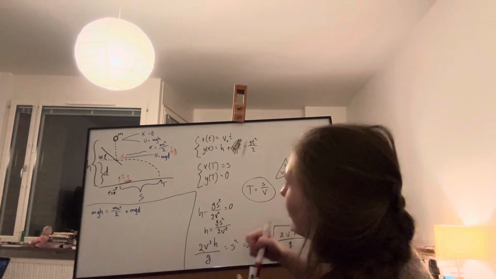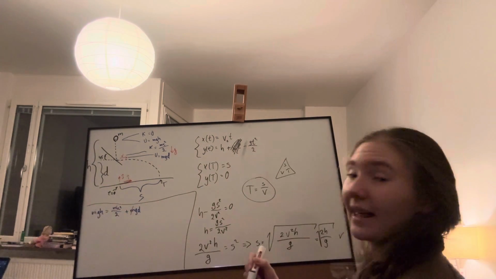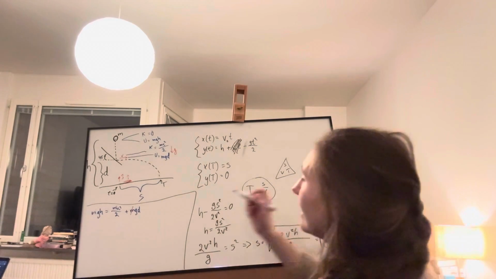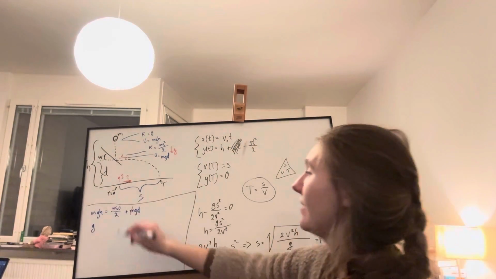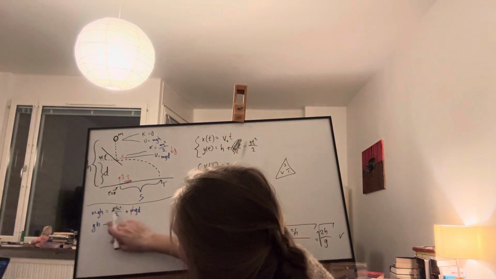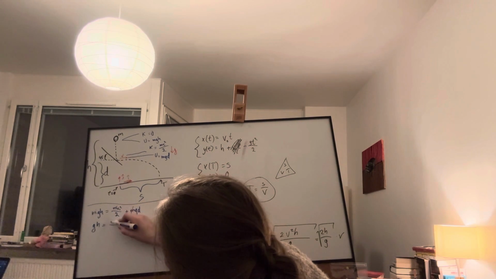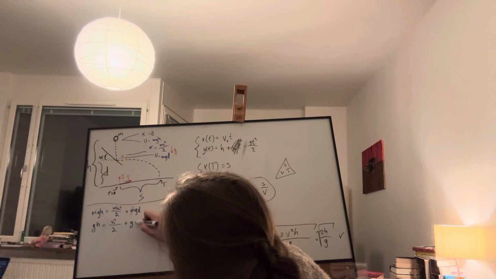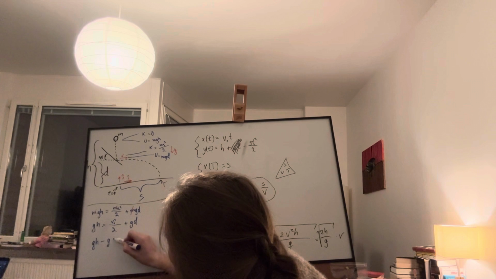Now we can remove the m's, they happily cancel out, and then we will just solve for v. So, okay, write everything down. gh is equal to v0 squared over 2 plus gd.